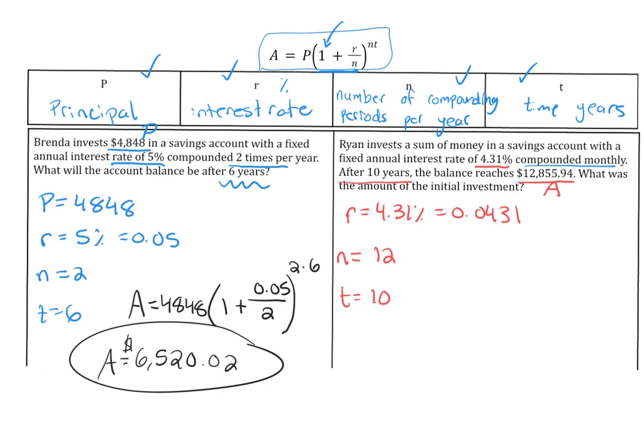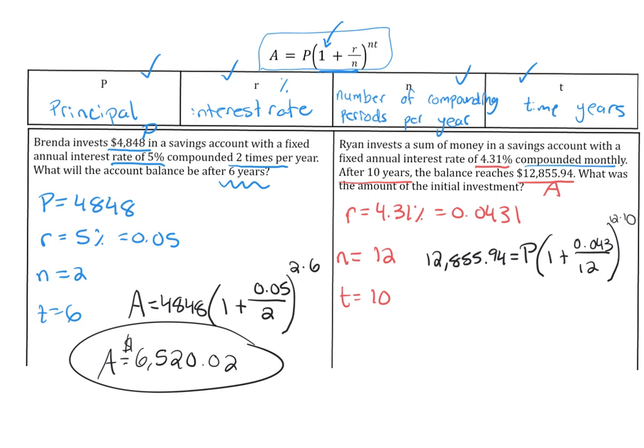So let's write it all out. So let's see, we end with 12,855.94 equals P, and then 1 plus 0.0431 over 12 to the power of 12 times 10.